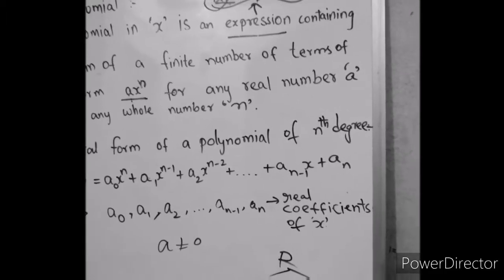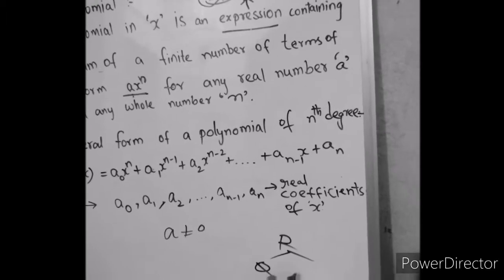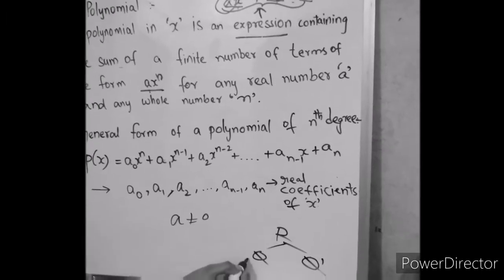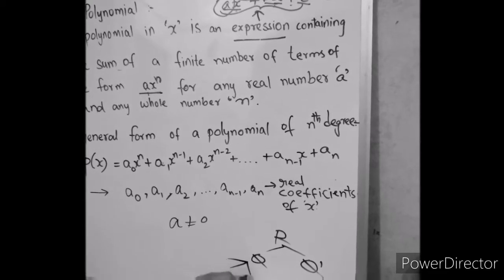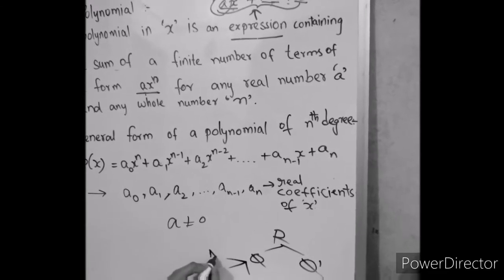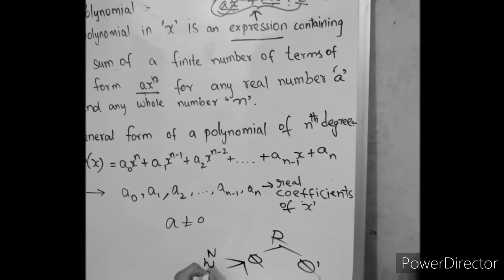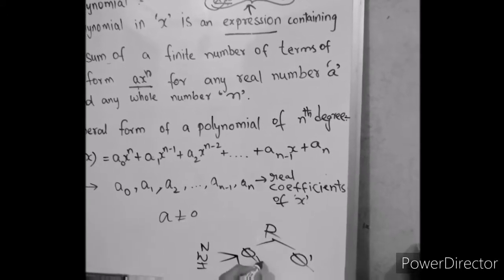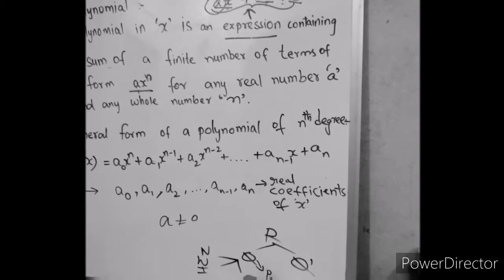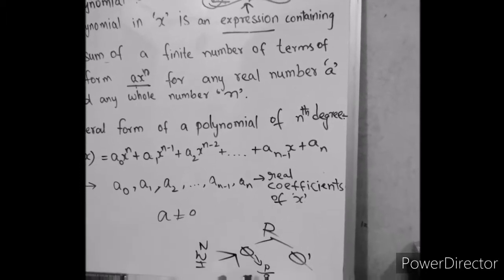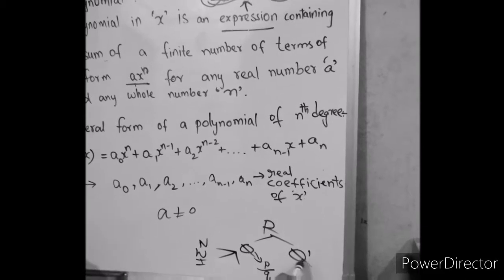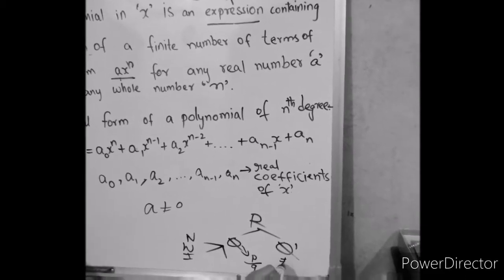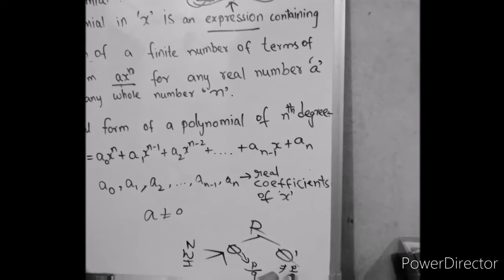Real numbers consist of the rational numbers and the irrational numbers, and rational numbers consist of natural numbers, whole numbers, integers, and especially the rational numbers will be in the form of p by q, numerator by denominator, and an irrational number will not be in the form of p by q.